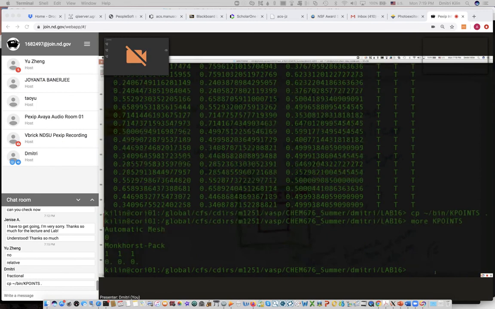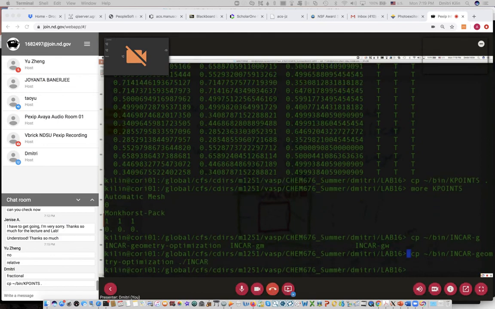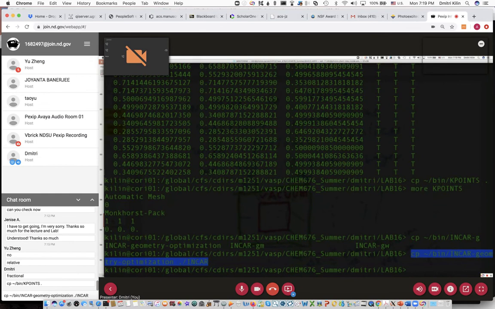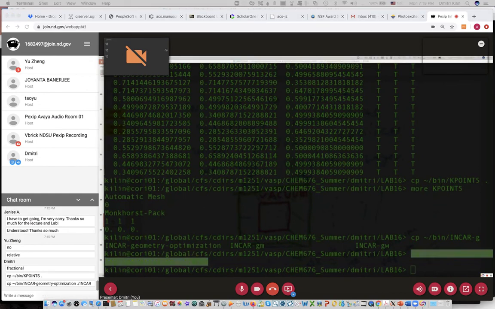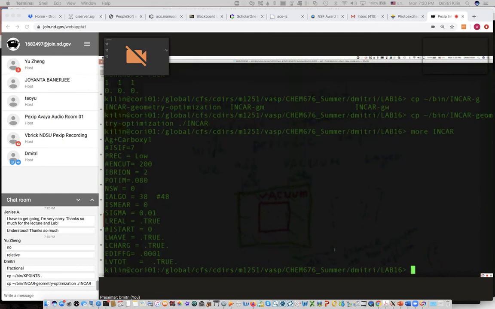Same for the INCAR: bin, INCAR, geometry optimization. It would be too long to discuss all details, so let's just copy the template. Later on, it will be an important task to discuss what each line in this INCAR file means. And the third one is the so-called K points.